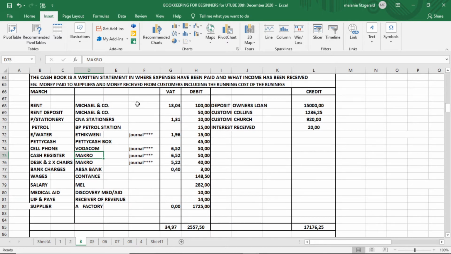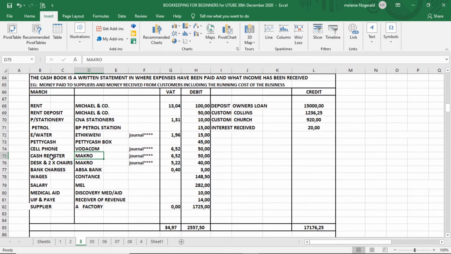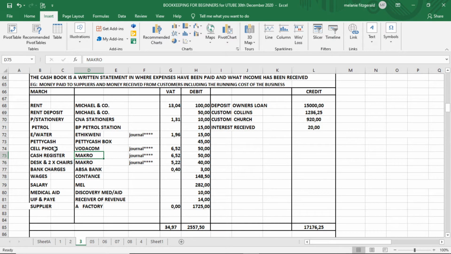Okay, so on the debit side, we've got rent, which includes VAT of $100. We've got our rent deposit of $50. We've got our stationery from CNA, $10 with VAT of $1.31. We've got petrol, electricity and water, petty cash, cell phones.